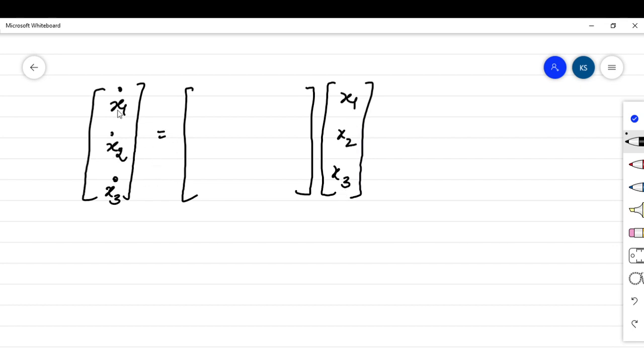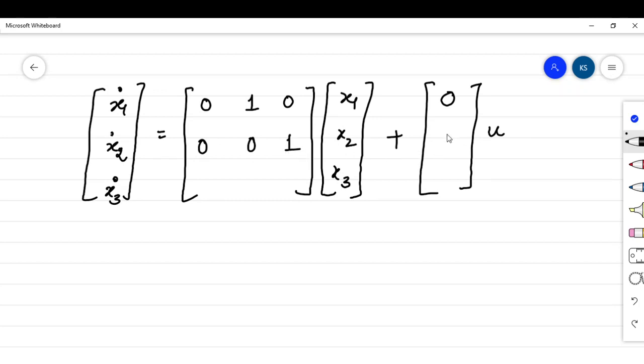From the equation we observe that x1 dot is equal to x2. So we can write here 0 1 0, plus B into u. It is not dependent on input, so we write 0 here. In the next state variable definition, x2 dot is equal to x3. So we can write it as 0 0 1 here, and it is also not dependent on input, so we write 0 in the input matrix.